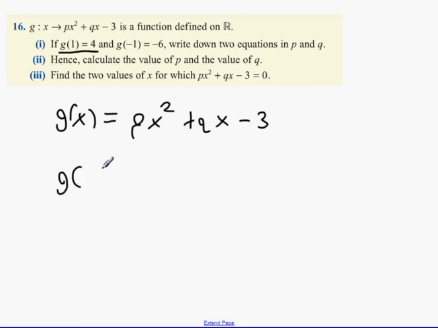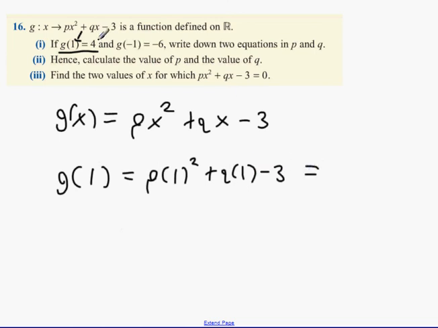So how do you fill in g(1)? X is 1. Yeah, you're right, but the next part, x would be minus 1 for the part after that. So, p times 1 squared, you've already picked up marks for just doing that, even though it's extremely difficult.